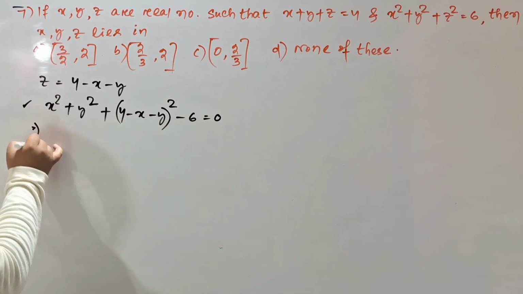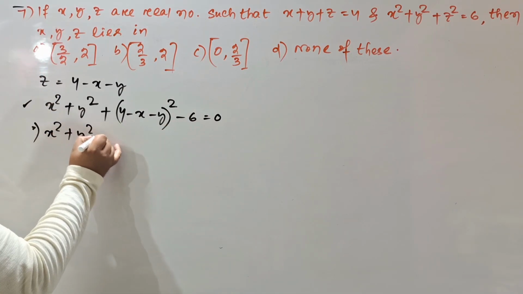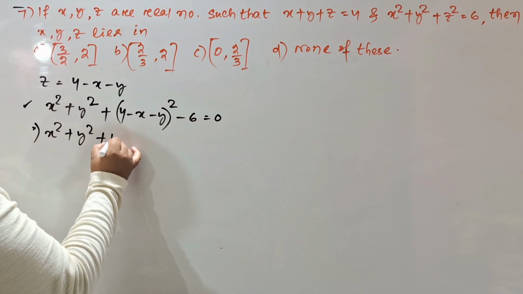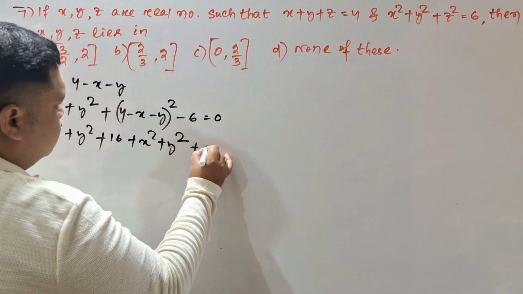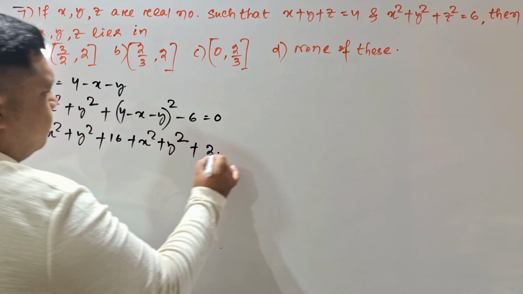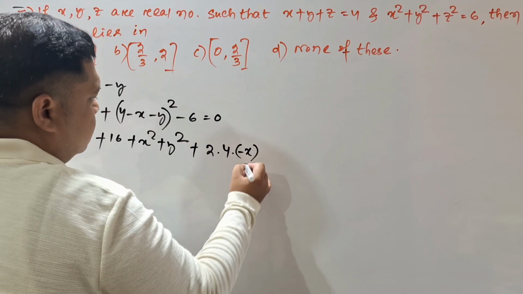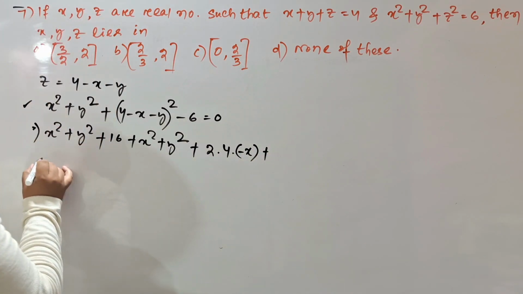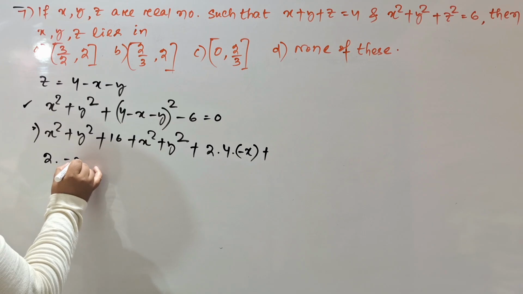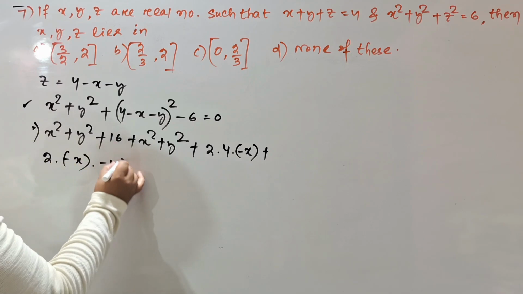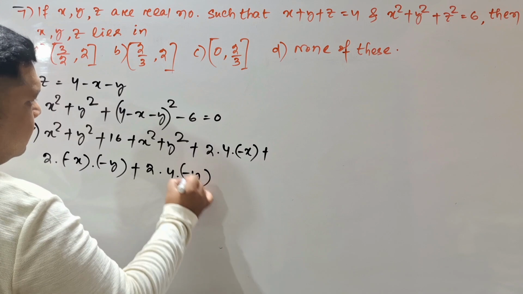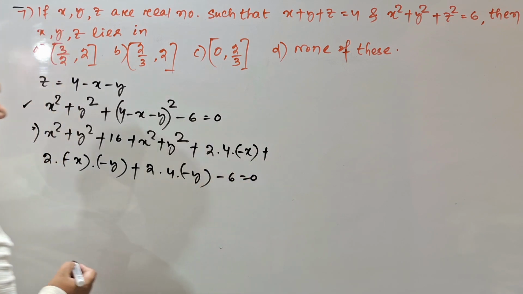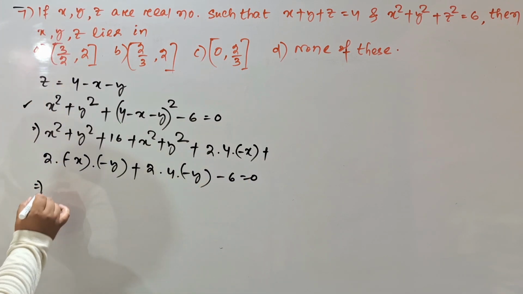Now I simplify this: 4 square is 16, plus x square plus y square, plus 2 into 4 into minus x, plus 2 into minus x into minus y, plus 2 into 4 into minus y, minus 6 equal to 0. Be careful when you do the simplification.